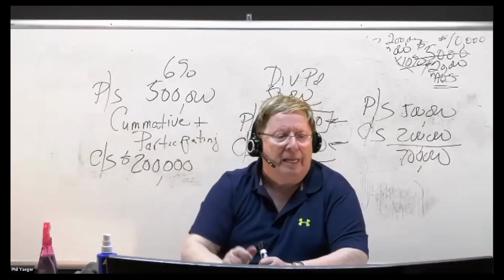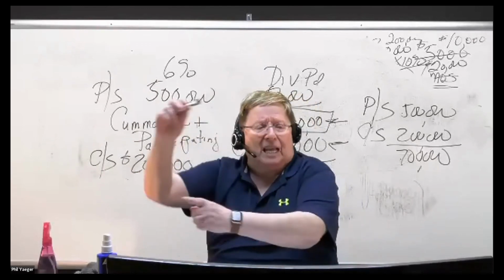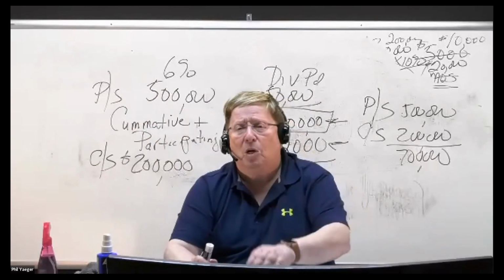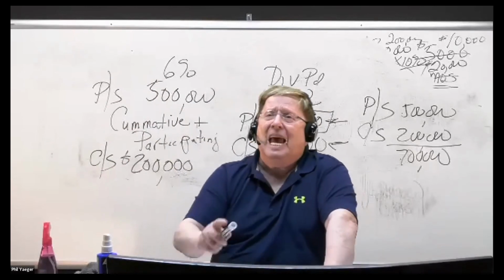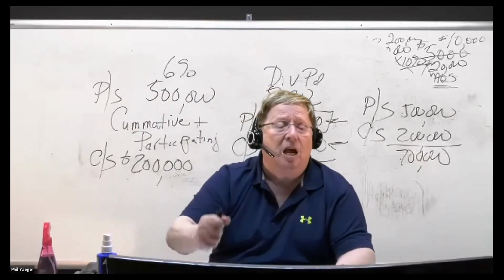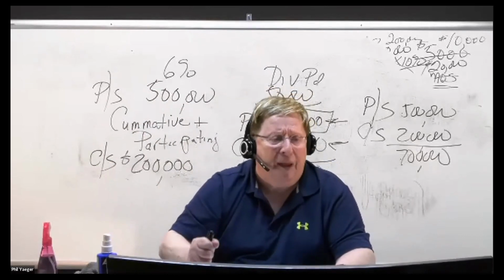Our book income will be the exact opposite. When you have a timing difference that will cause taxable income to be higher in the future, we call that timing difference a future taxable amount.